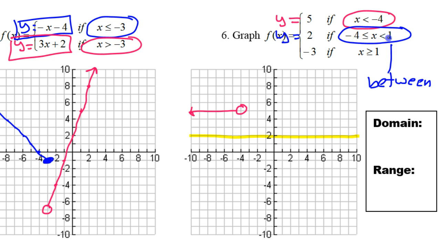So between negative 4 and 1. So here's negative 4 and here's 1. And these are the points between negative 4 and 1. The negative 4 side should be a closed circle because it says or equal to negative 4. All right, so that's the middle piece.